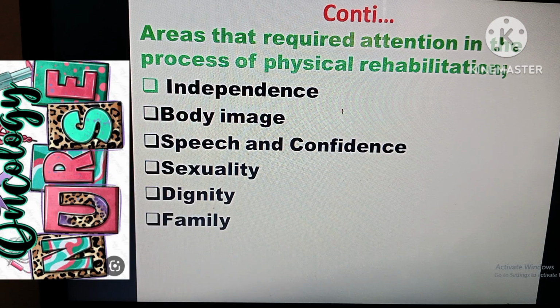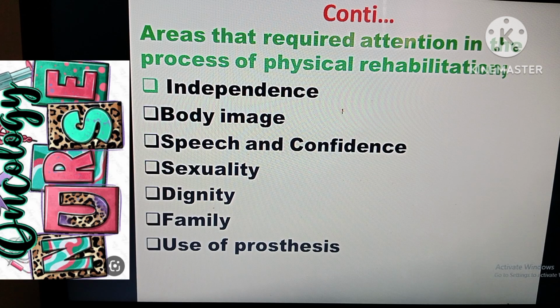Family: we have to involve the family also, because when the family members come to know the client is suffering from cancer, if it is the head of the family who is suffering, the family may start to neglect the person, because now he is not earning, he is helpless. In such a condition, we have to counsel every family member. Use of prosthesis: for many cancers, once the organ is removed, a prosthesis is available.